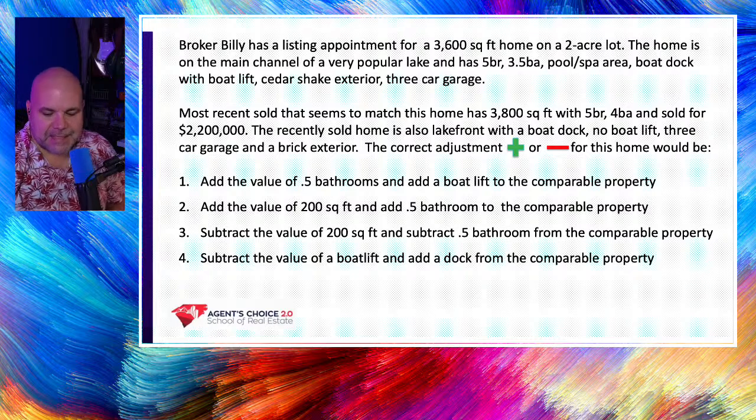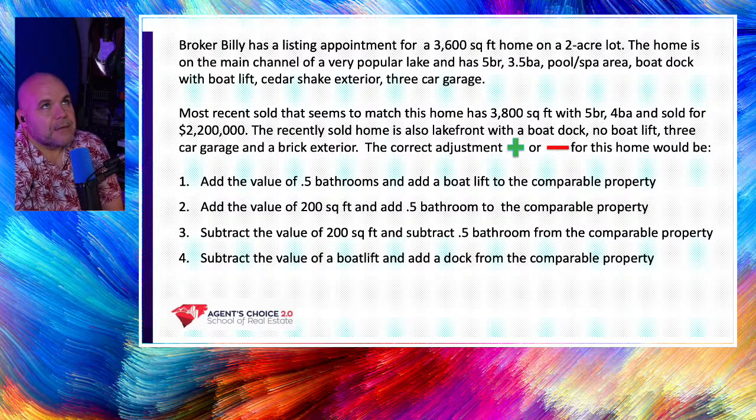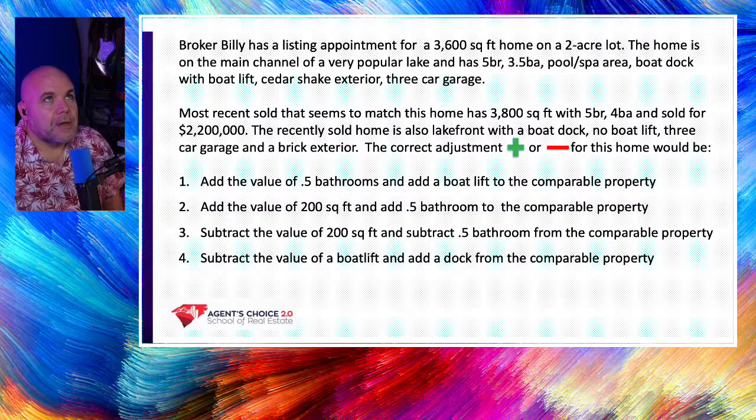Broker Billy has a listing appointment for a 3,600 square foot home on a 2-acre lot. The home is on the main channel of a popular lake, has 5 bedrooms, 3.5 baths, pool, spa, boat dock, boat lift, cedar shake, 3-car garage. Most recent sold that matches this home has 3,800 square feet. Okay, 200 feet bigger. 5 bedrooms, 4 baths.